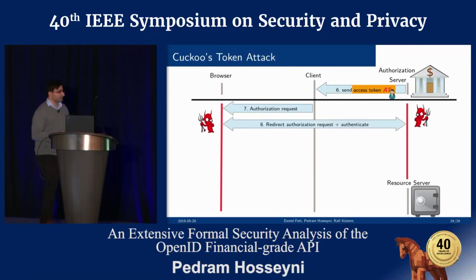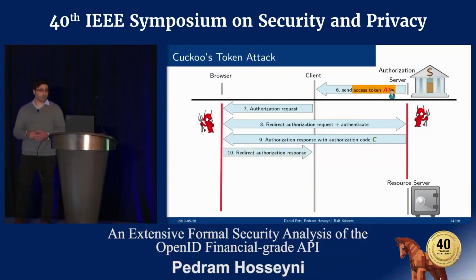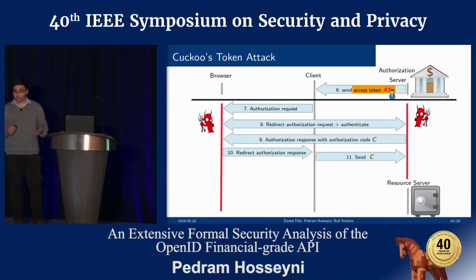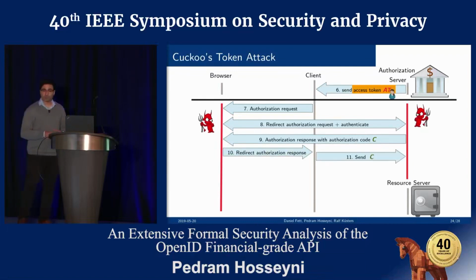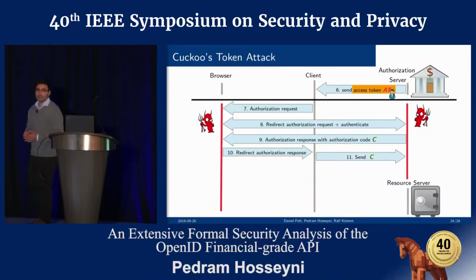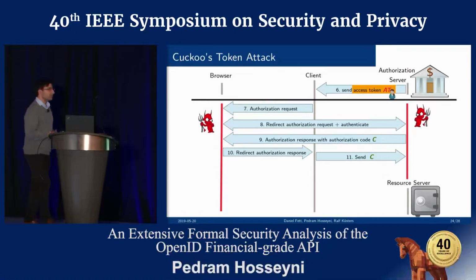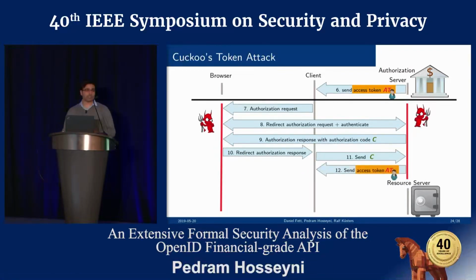The attacker logs into his own authorization server and essentially sends back an authorization code. And at this point, when sending the authorization code, the attacker has to send some access token. Here, instead of creating a fresh access token, the attacker simply injects the stolen access token into this flow.